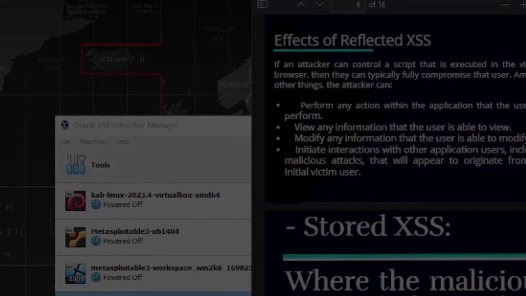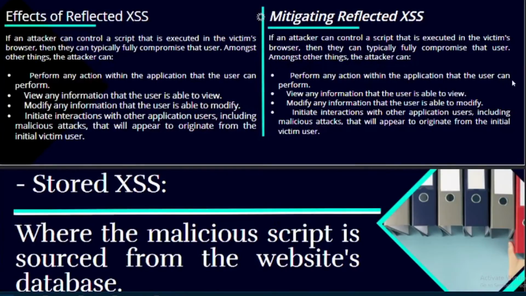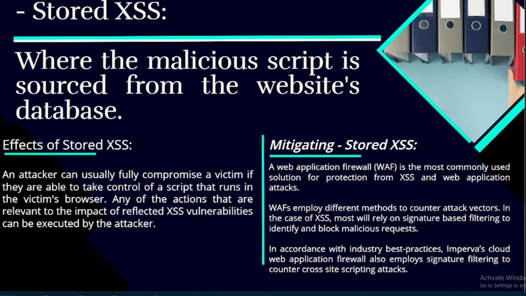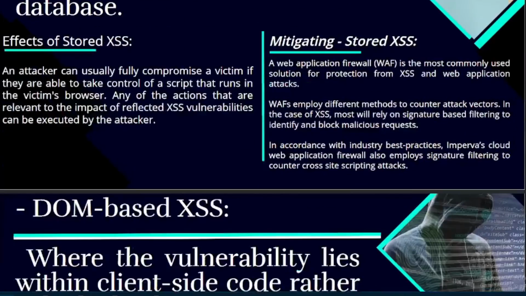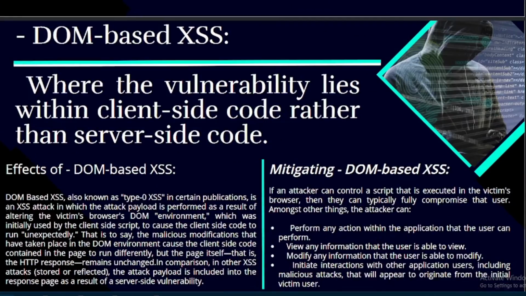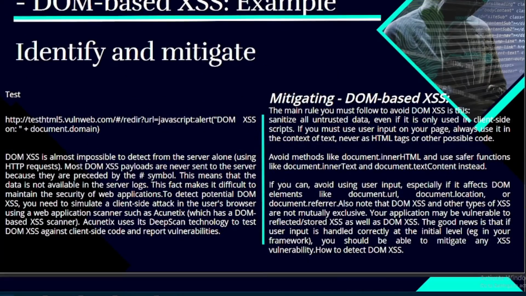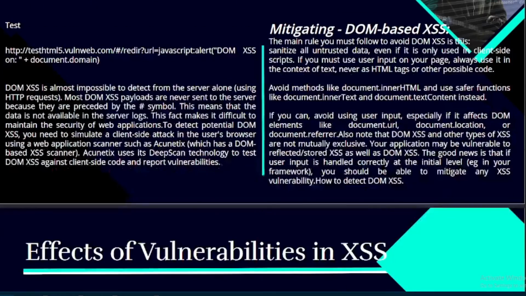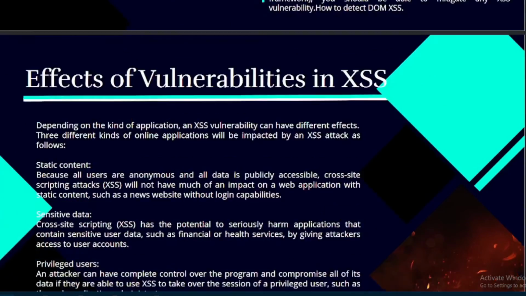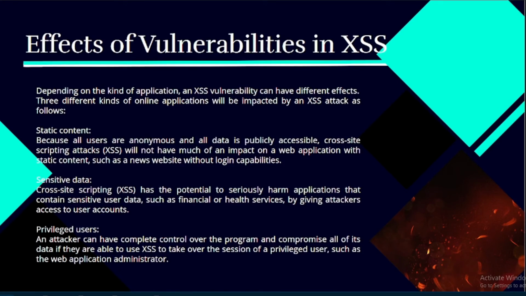These are pretty simple. Of course, again, to mitigate this, you can use web application firewalls, as well as sanitizing the user inputs and basically any input that exists in the website, as well as using something called the content security policy.